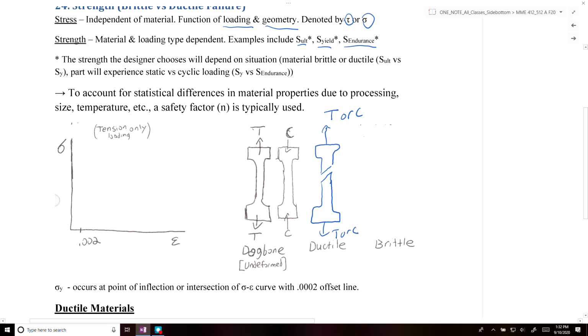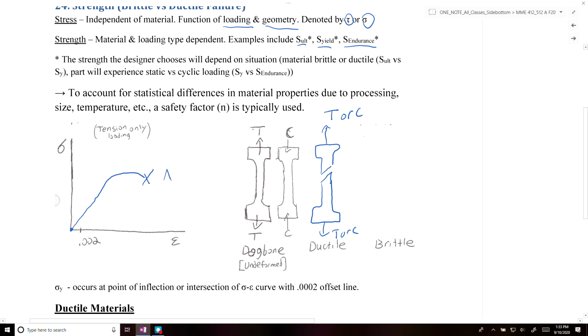Some examples of ductile materials would include aluminum or carbon steel. If we drew our stress strain curve for aluminum, you might get something like this.